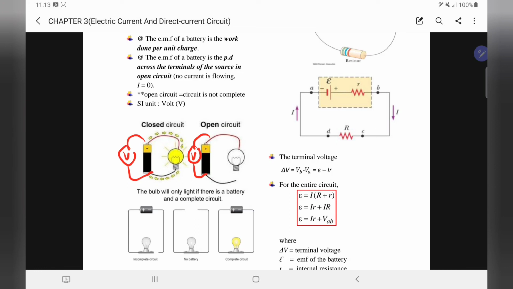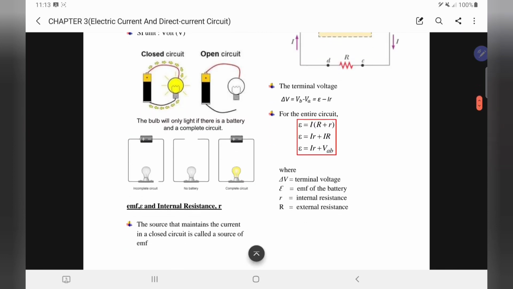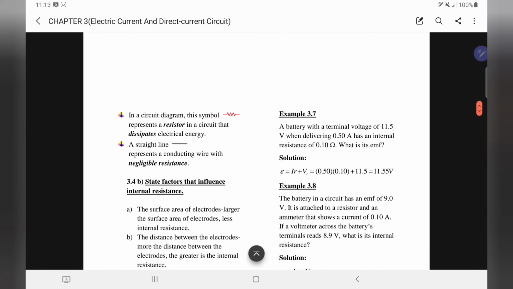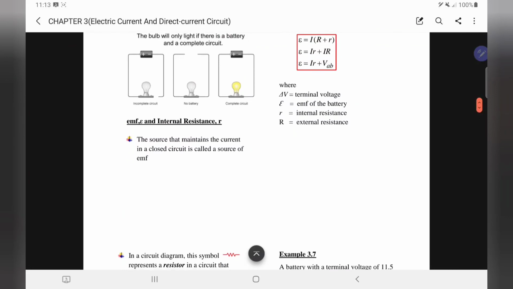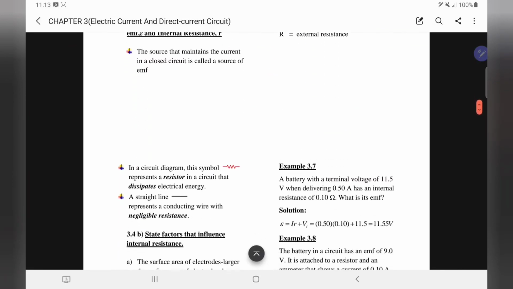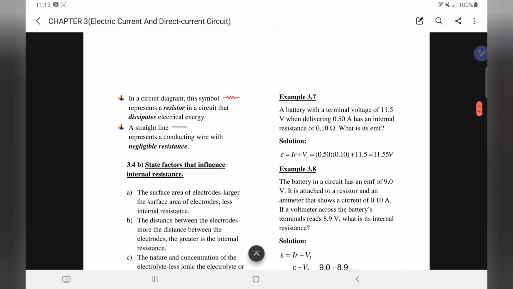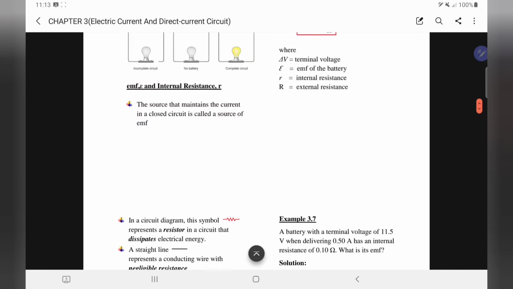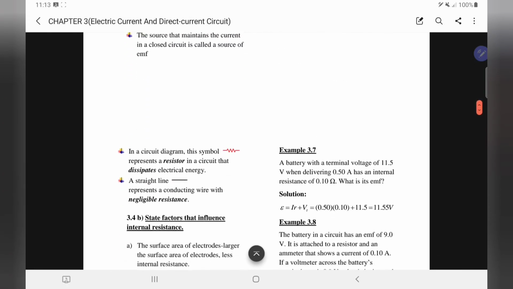I think we just continue later in the next part. Before that, I think everything is given already here. You may read through the notes. What factor do we have that influences the internal resistance? Before that, the symbol of a resistor is like this, and the straight line represents a wire.